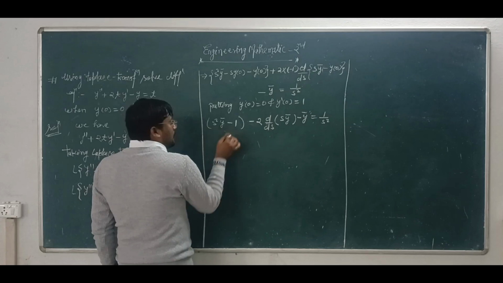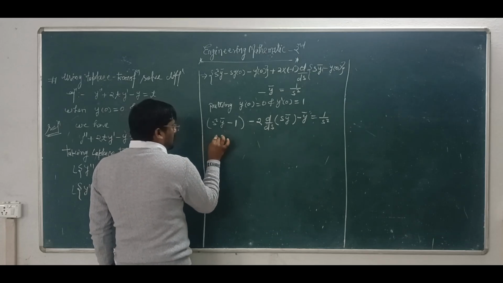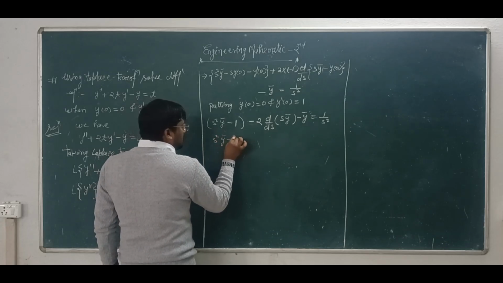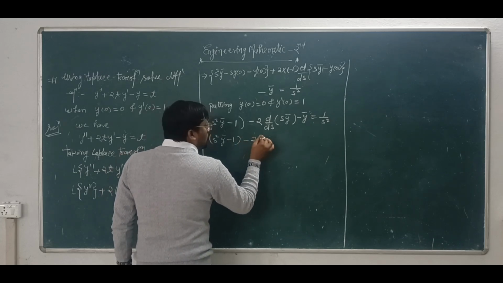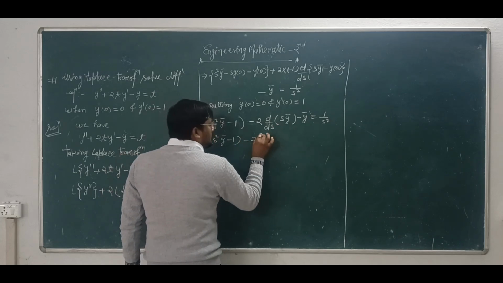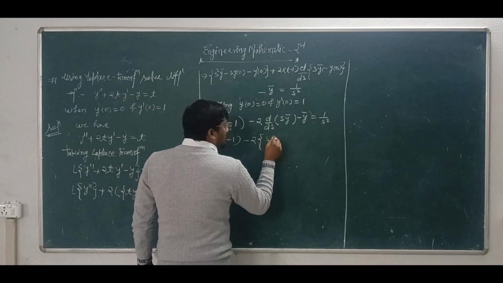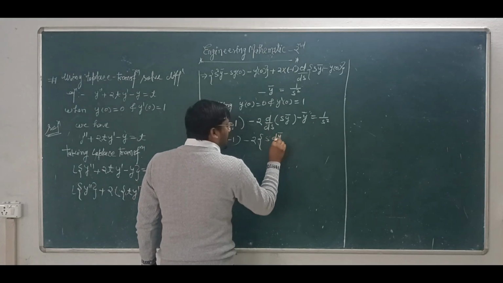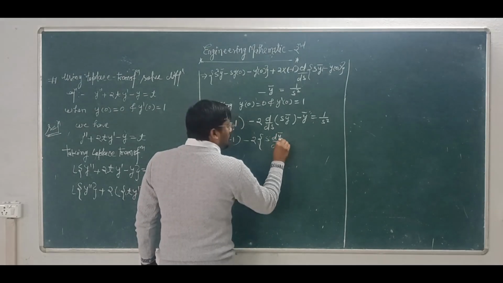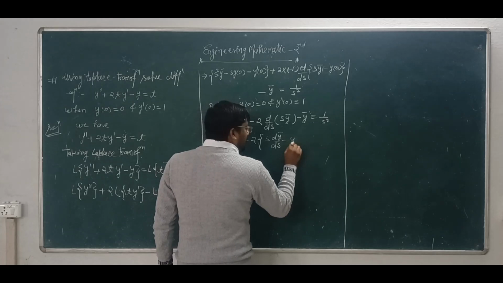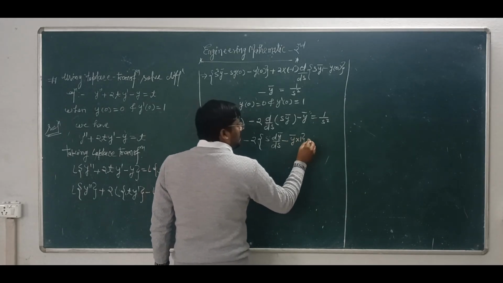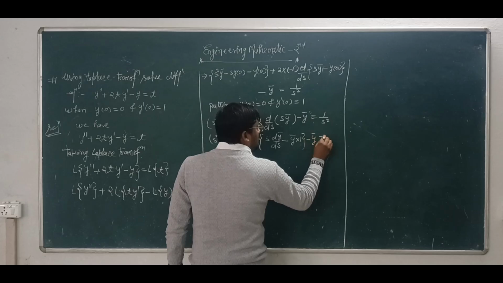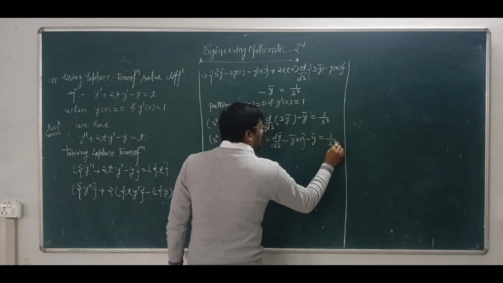Now again you can solve: s square y bar minus 1 minus 2 differential of this, means s dy bar upon ds minus y bar into 1, differential of s, minus y bar is equal to 1 upon s square.